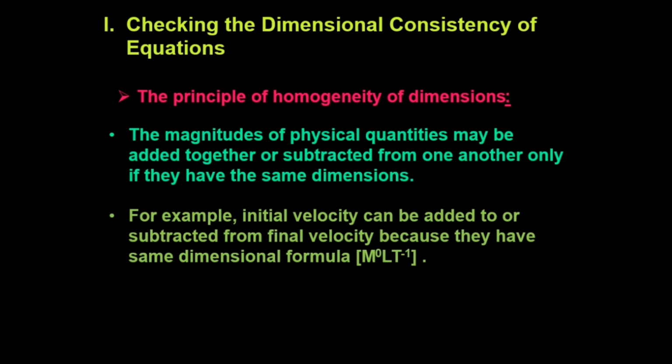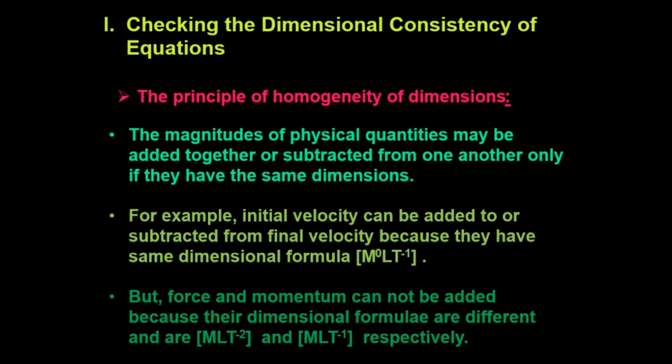For example, initial velocity can be added to or subtracted from final velocity because they have the same dimensions. But force and momentum cannot be added because their dimensional formulas are different: for force, MLT^-2, and for momentum, MLT^-1, respectively.